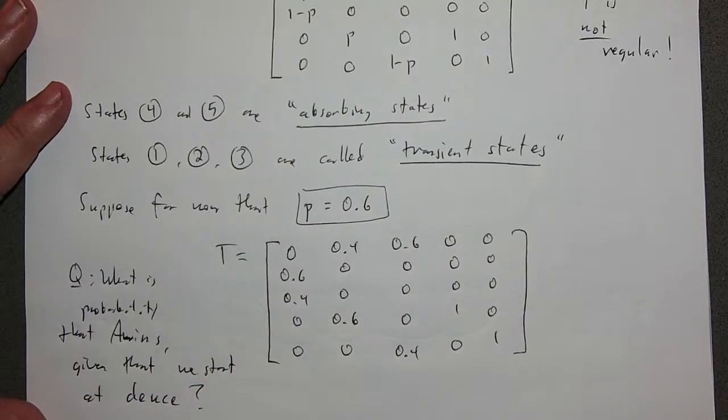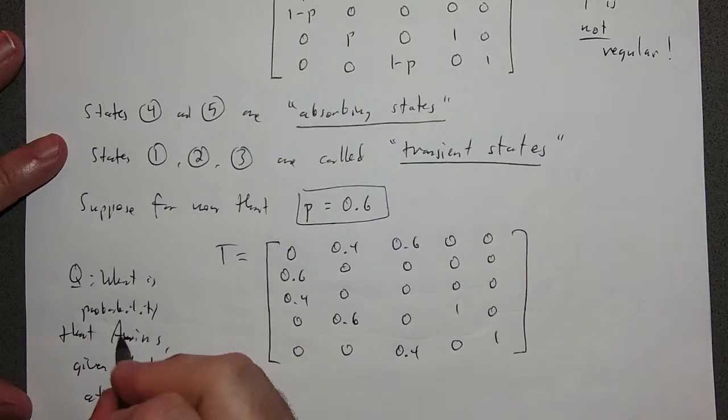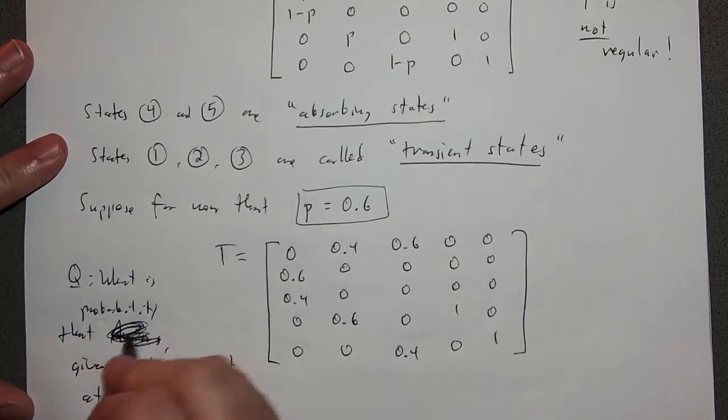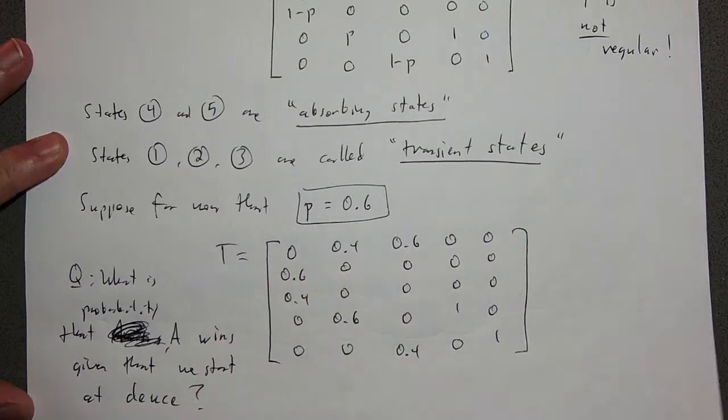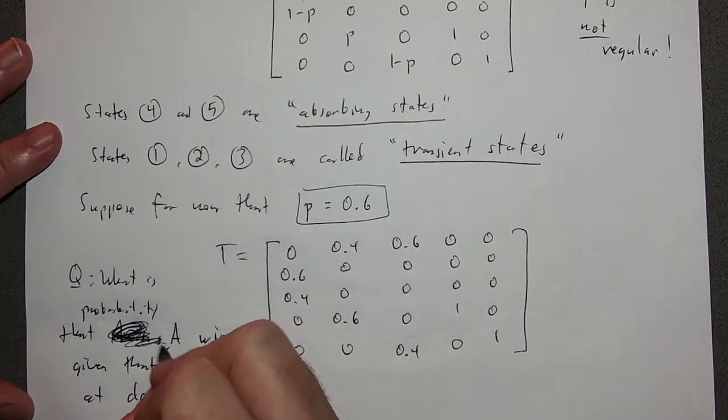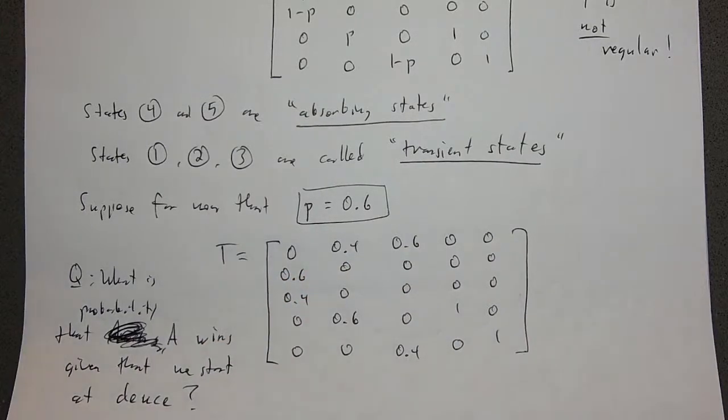That is, we start at a tie. What is the probability that player A wins given that we start at deuce? We start at a tie.